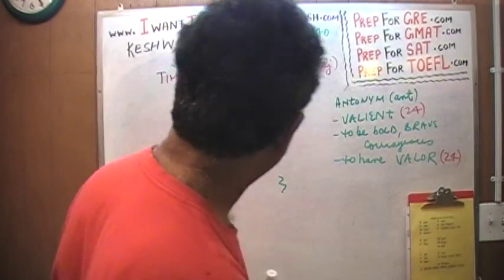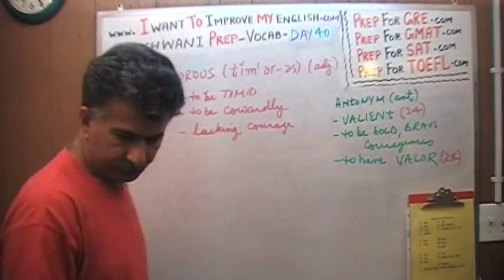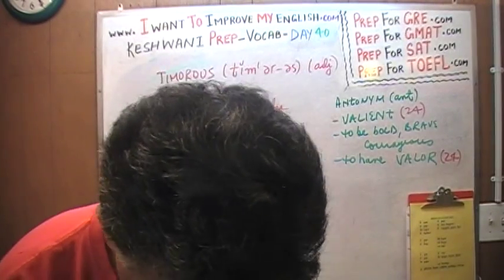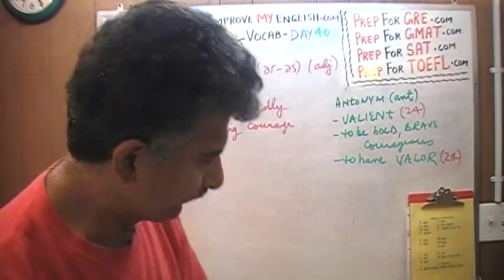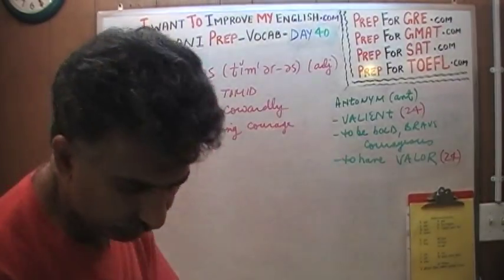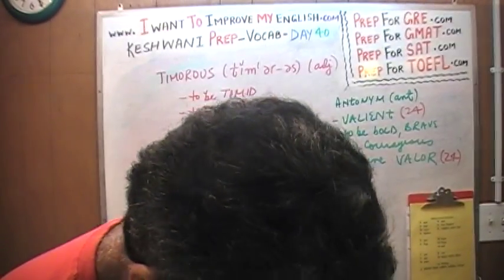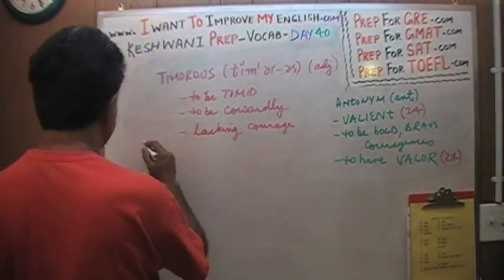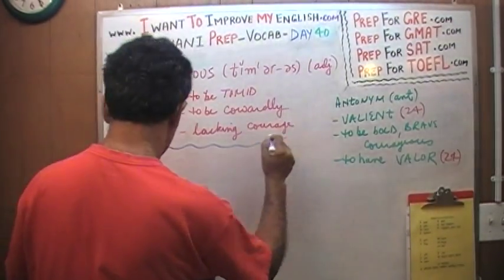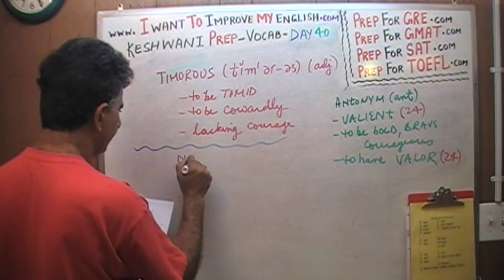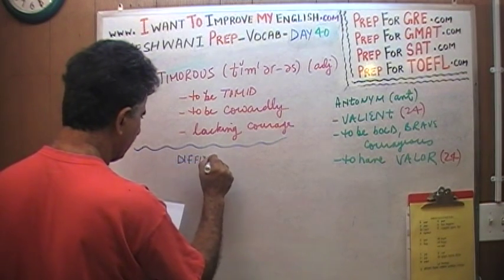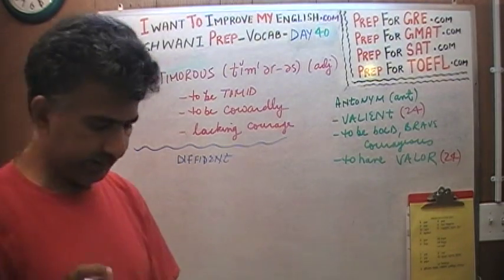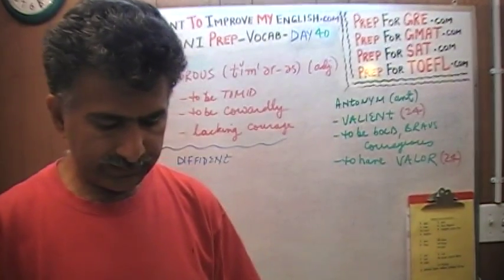Let's learn the next word. Perhaps we can put the next word right underneath it. I think I have enough room. The next word we want to learn is, let's change the color, because we do have the flair for the dramatics. The word is diffident. D-I-F-F-I-D-E-N-T, diffident.